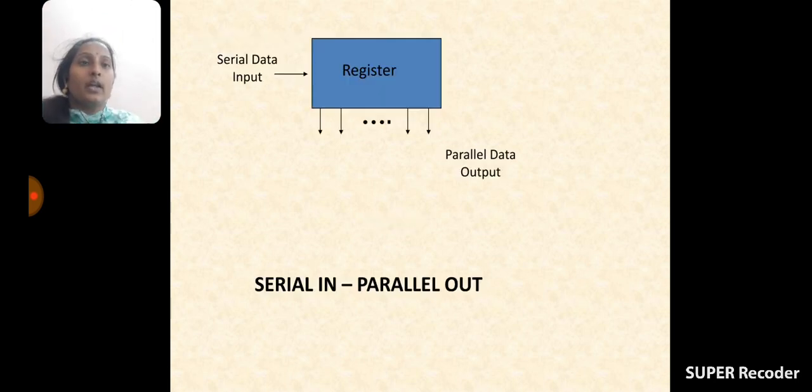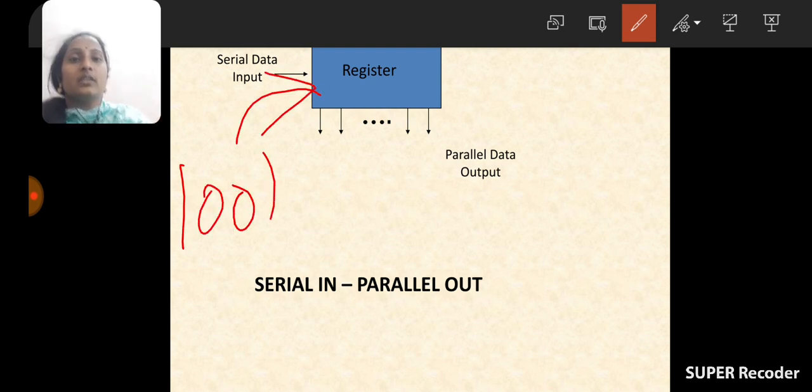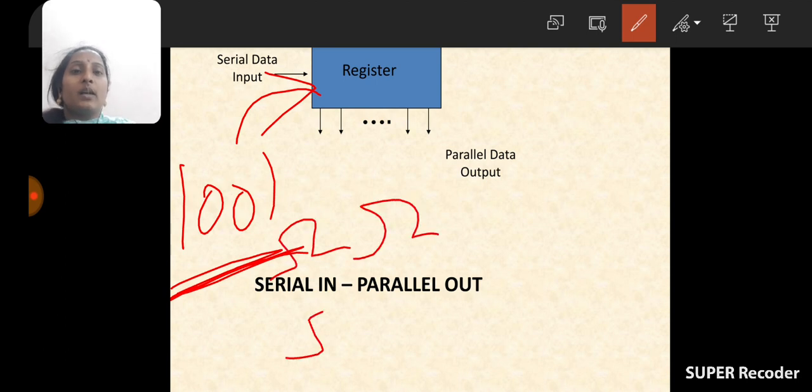Serial in parallel out. Here the data entered into the register, for example 1001, is entered bit by bit, meaning to enter 4 bits the register requires 4 clock pulses.